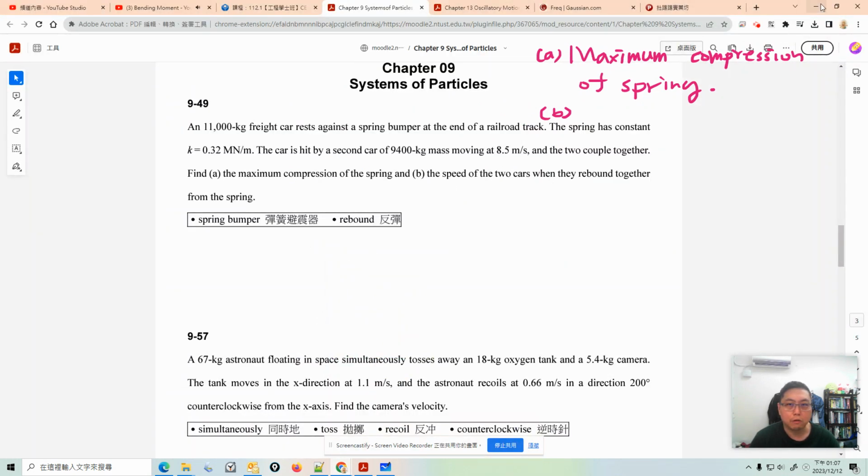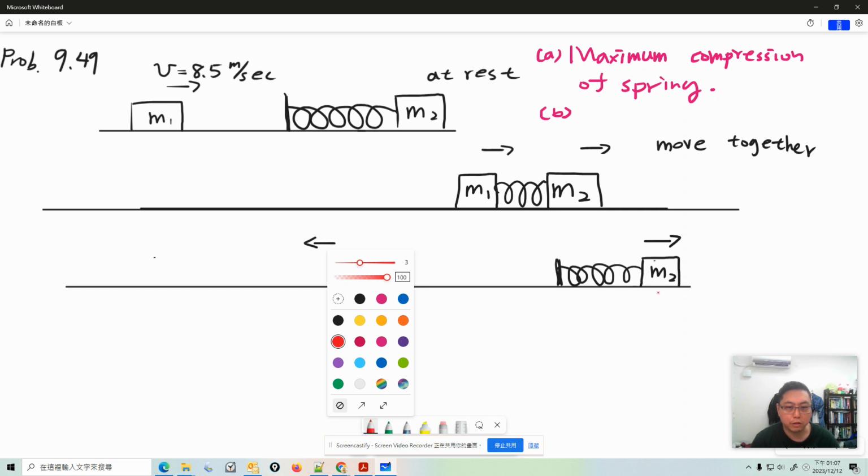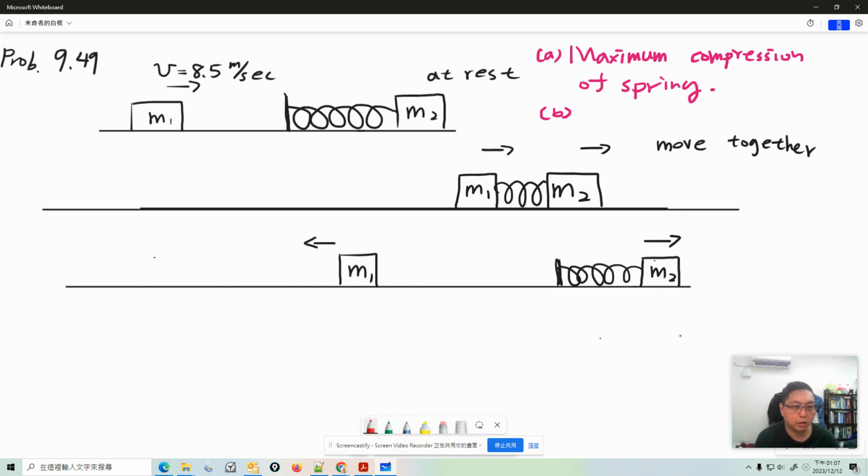Oh, the speed after the two cars rebound. Okay, what notation is better? So what's V1 prime? What's V2 prime?